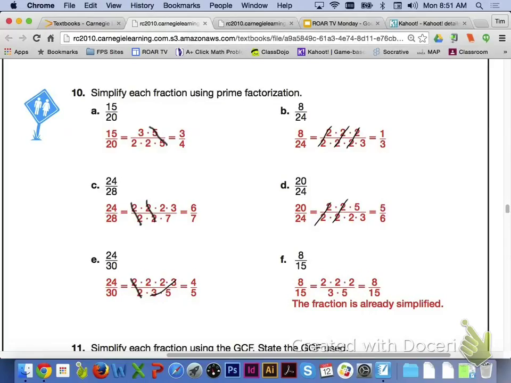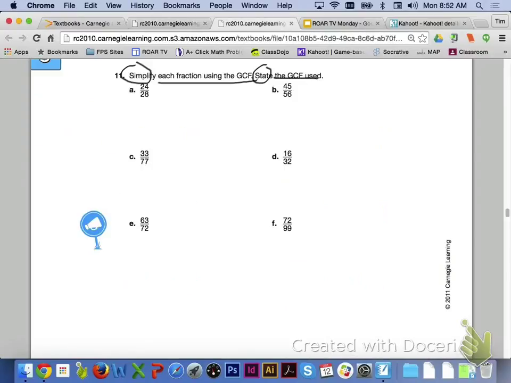For letter A, we should have 3/4, letter B, 1/3, letter C, 6/7, D, 5/6, E, 4/5, and for letter F, if we even show the prime factorization, we can see that this fraction is already simplified. We don't have any factors that we are going to have to cross out.